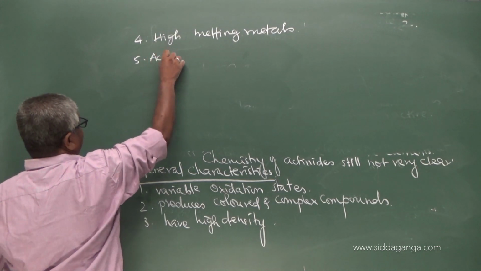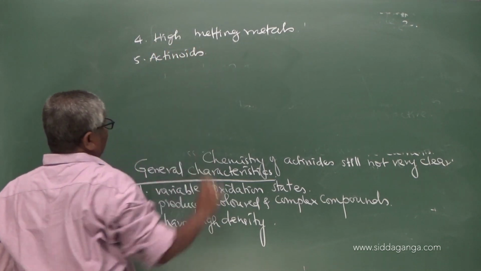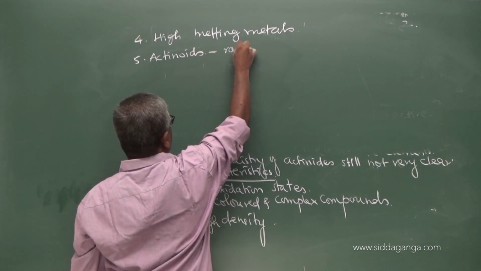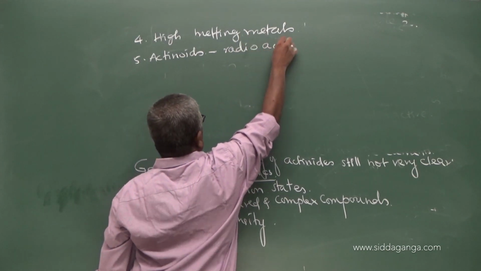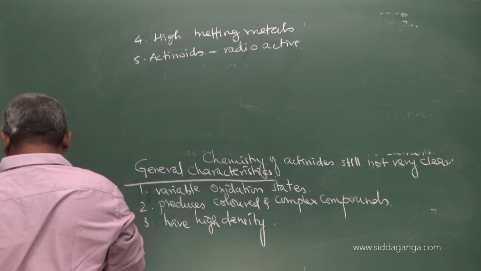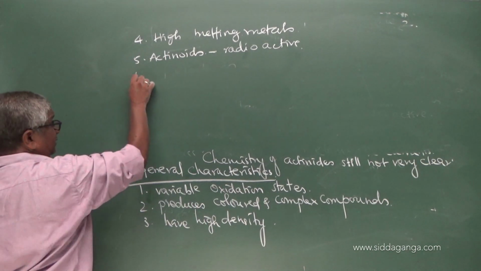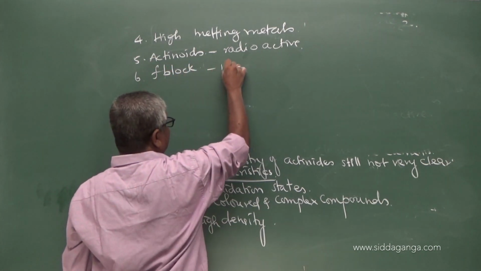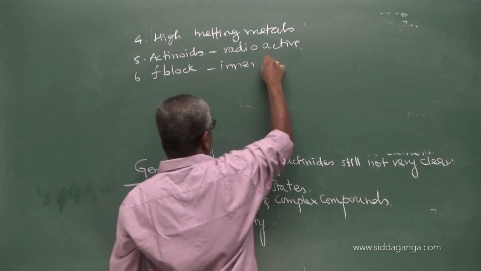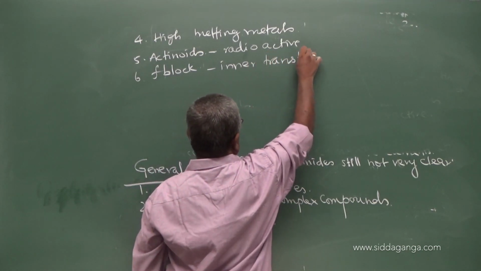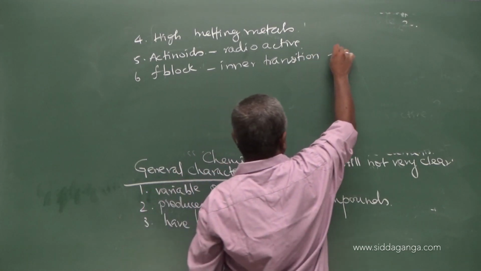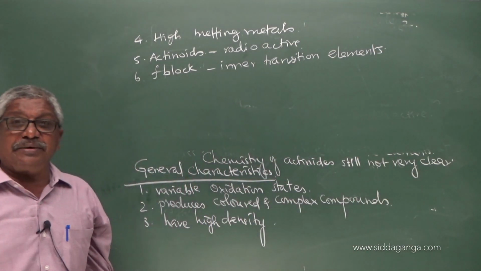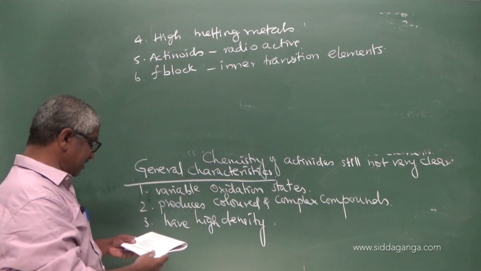Actinides are radioactive elements. F block elements are called inner transition elements.